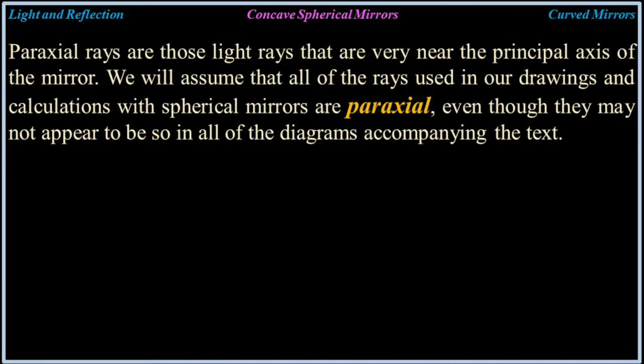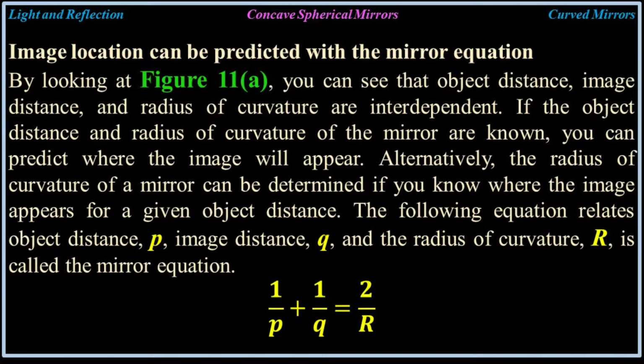Paraxial rays are those rays that are very near the principal axis of the mirror. We will assume that all of the rays used in our drawings and calculations with spherical mirrors are paraxial, even though they may not appear to be so in all of the diagrams accompanying the text.